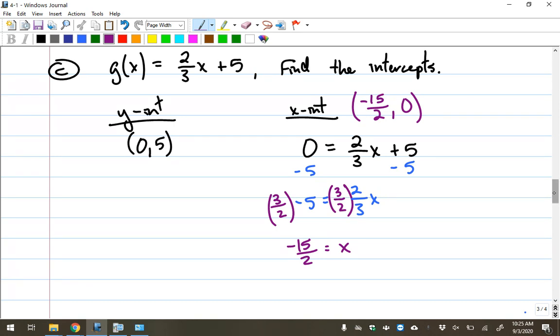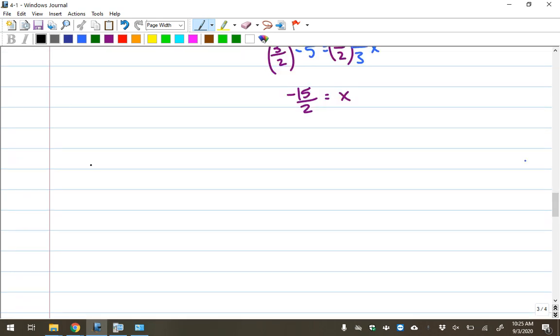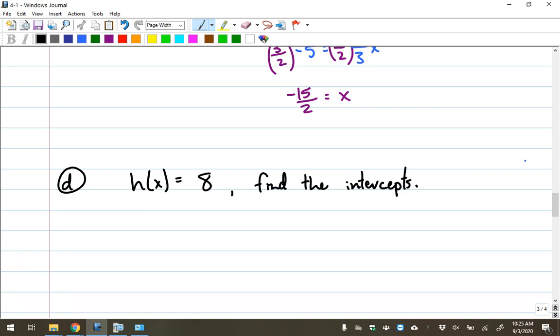Okay. Let's get one of those. I kind of mentioned earlier that there are some exceptions to functions that are written in linear functions that are not written in slope-intercept form. H of x is equal to the plain number 8.